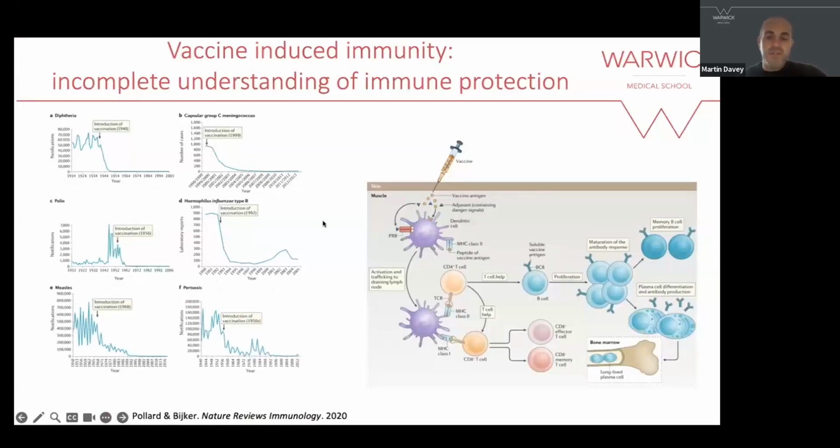I just want to go quite broad here, and let's get this laser pointer working, and highlight that one of medical science and humanity's greatest achievements is probably vaccination.